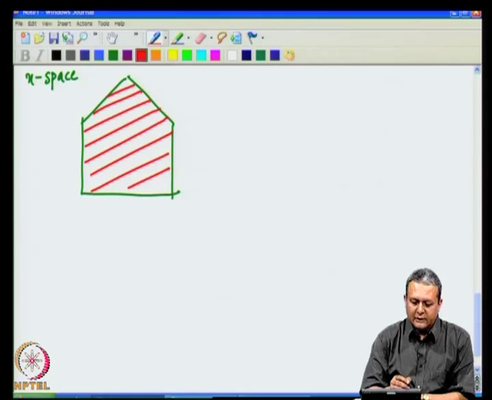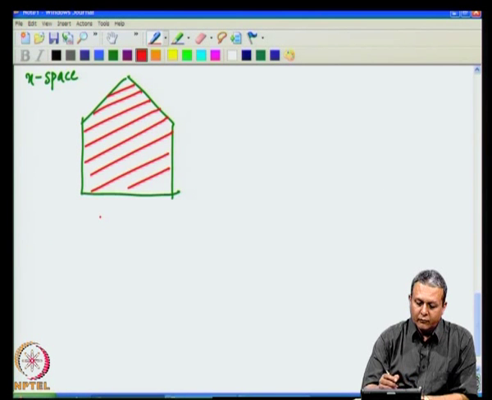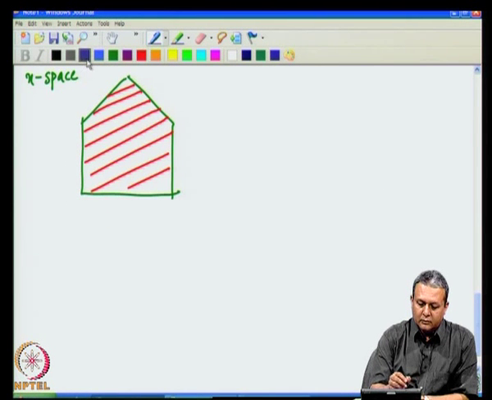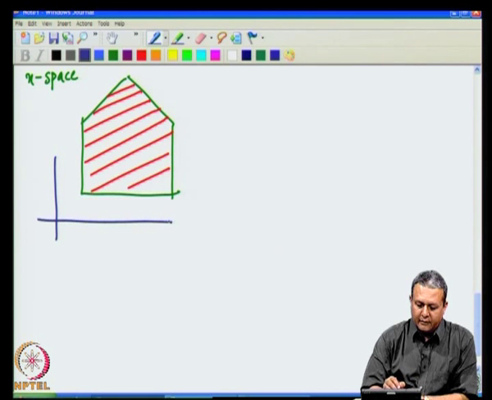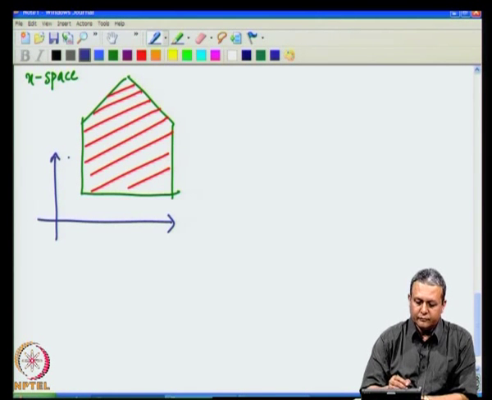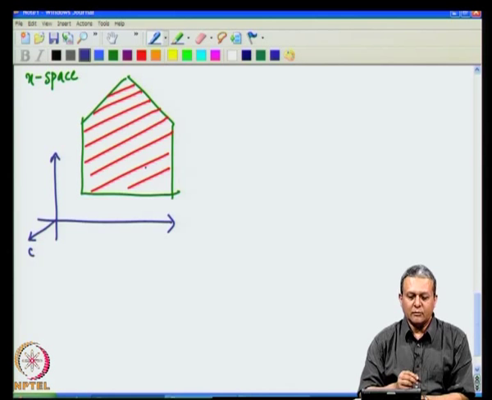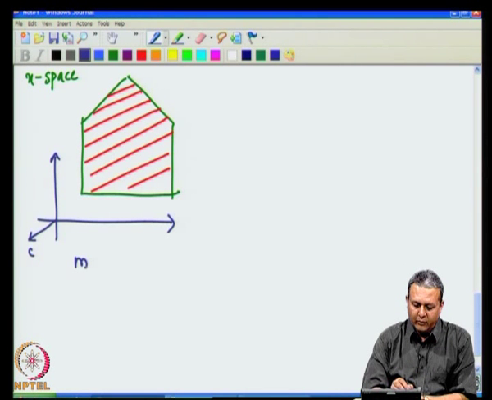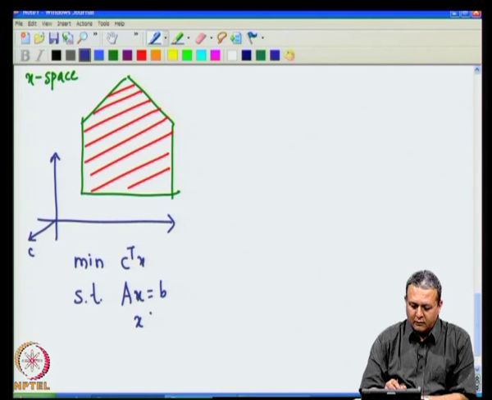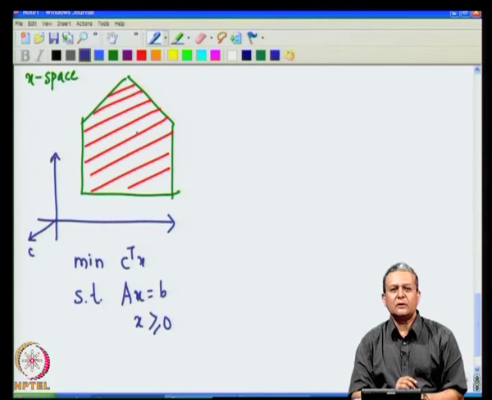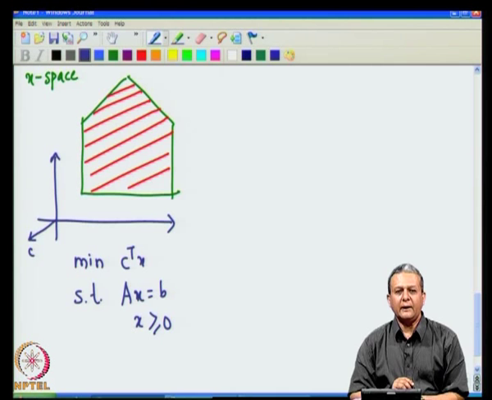Now, let us assume that this vector C is in this direction, and we want to minimize C transpose X. So, minimize C transpose X subject to A x equal to B. So, this feasible region is chosen just to illustrate the ideas.